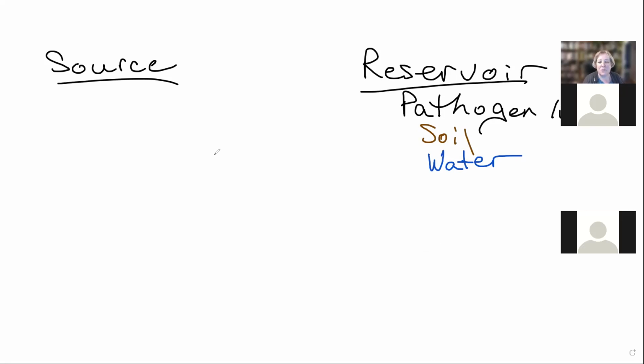Or, and this is where we generally see, well, okay, I'm going to back that up. I have to admit, I'm more interested in the ones where the reservoir is in an animal. That doesn't mean there's more of them. It seems like there's more of them. Okay? So this would be a pathogen that, say, in its animal host is not causing disease. Could be a normal part of the animal's microbiota.